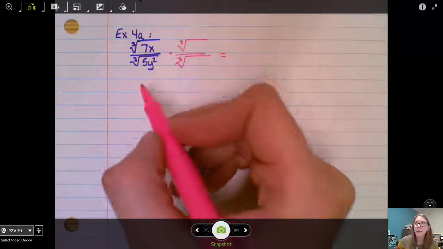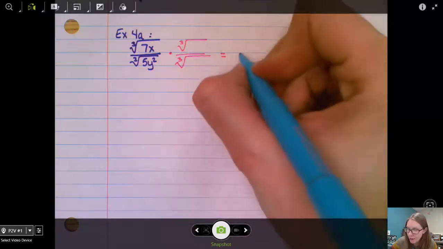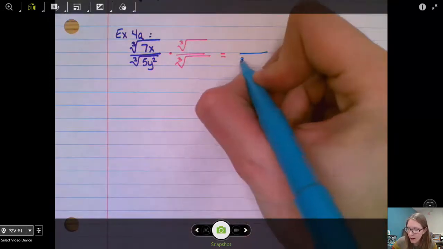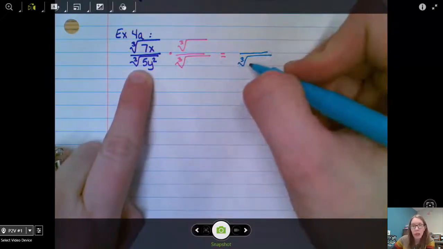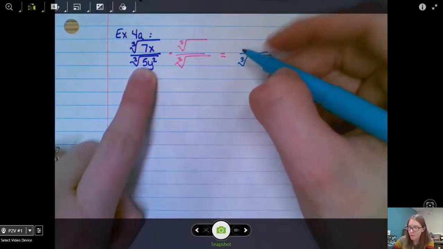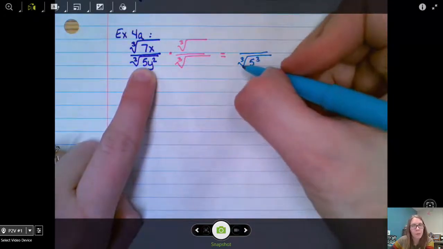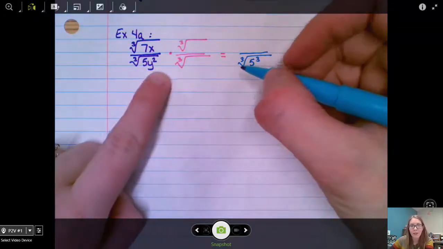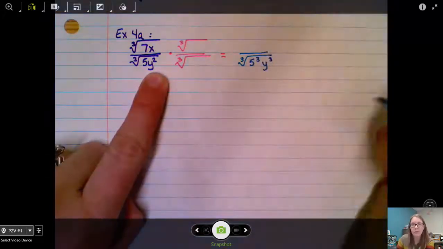Now I'm going to write my problem like this for a second and think of what I want to ultimately have in the denominator here. I ultimately want to be able to cube root something with a 5. So it would be nice if I had 5 to the third power underneath. It would also be nice if I had y to the third power here.